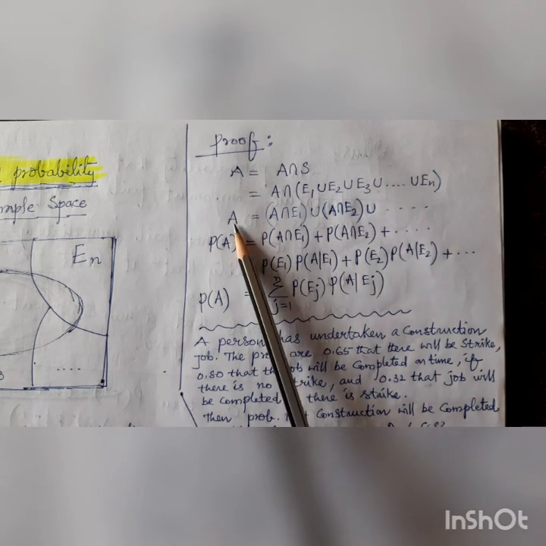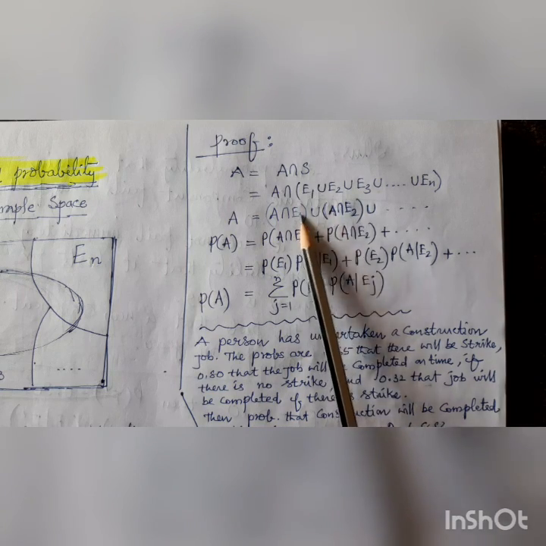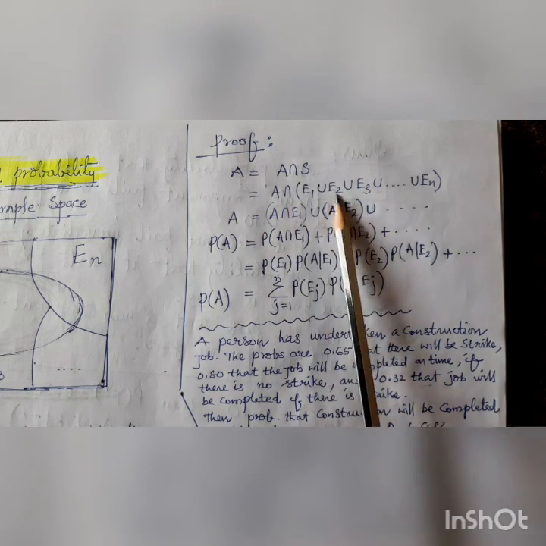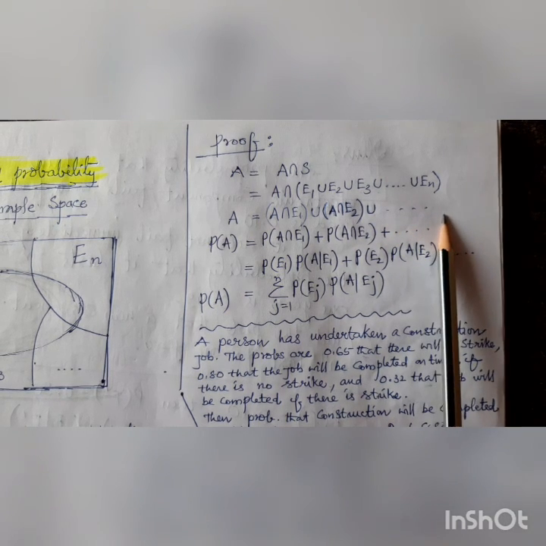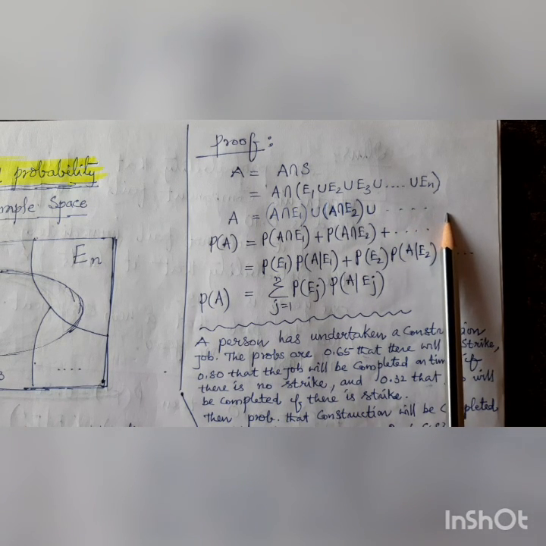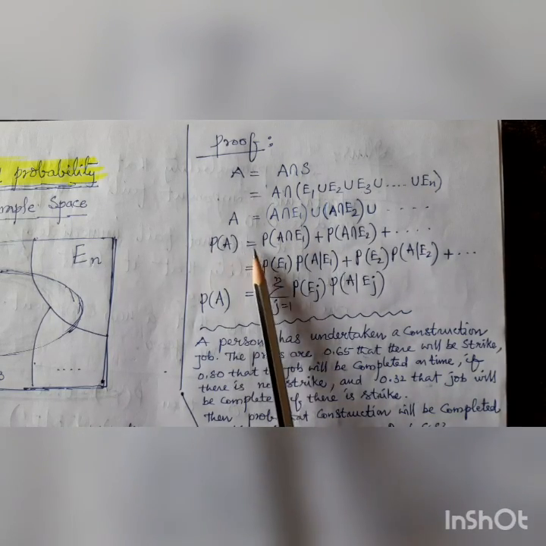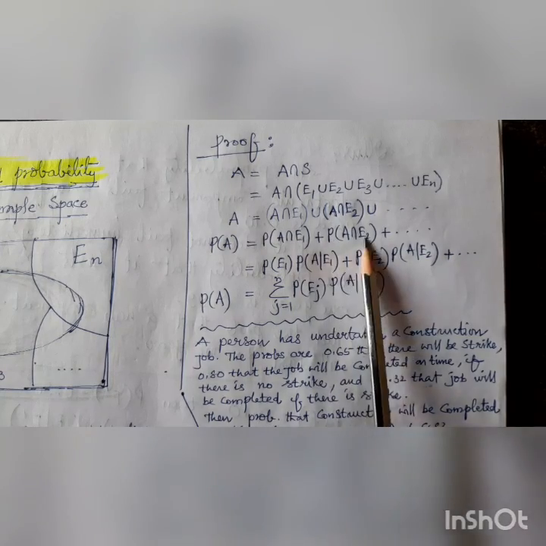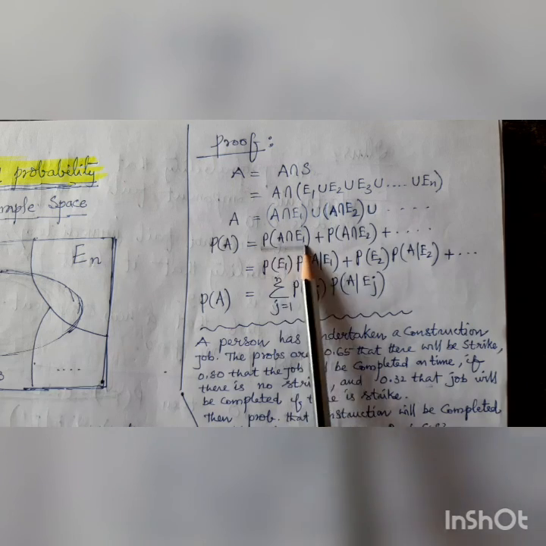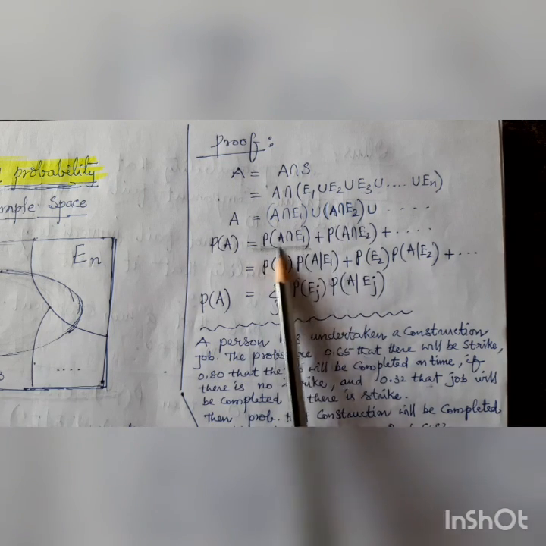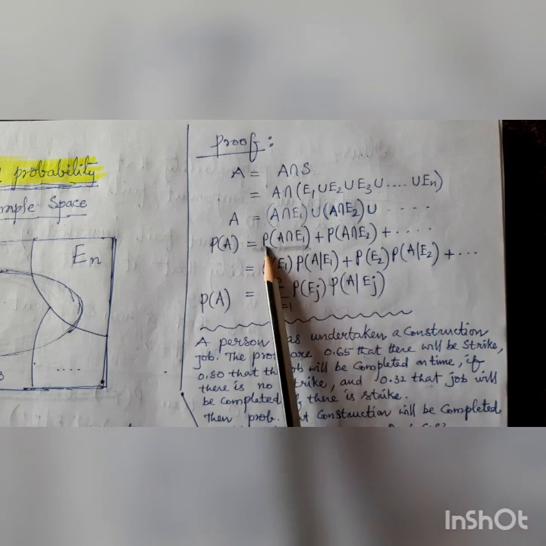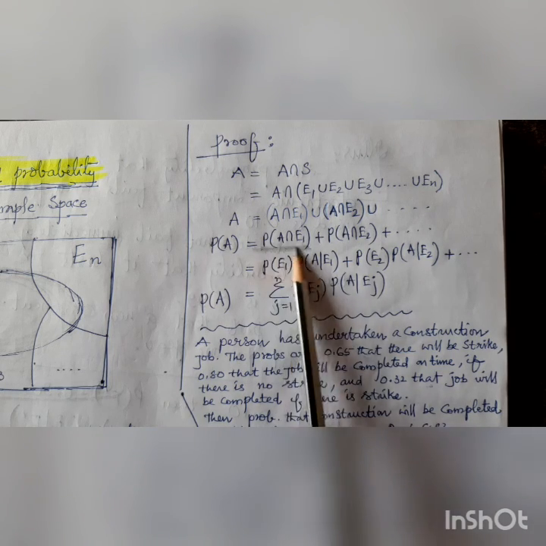So A equals A intersection E1 union A intersection E2 union, so on like this, according to set theory. I apply P on both sides: probability of A equals probability of this plus probability of this plus probability of this. From the conditional probability we got the multiplication theorem by cross multiplication. Remember the multiplication theorem, you learned it before this.